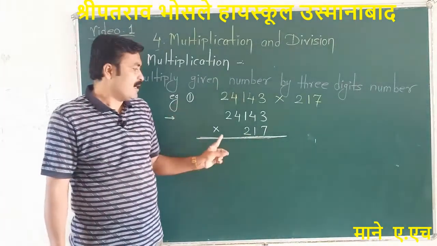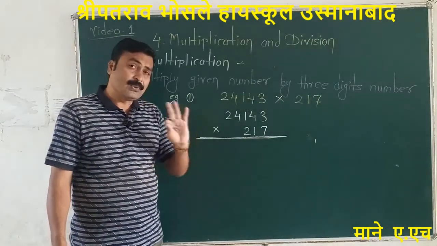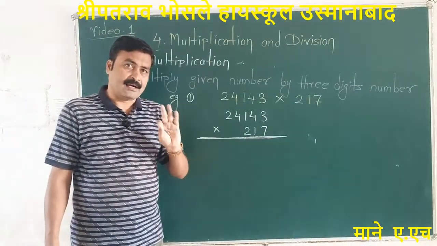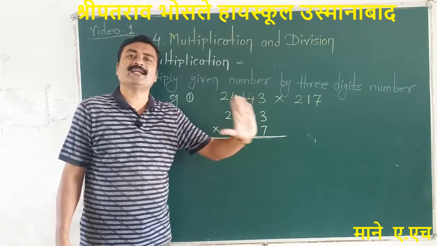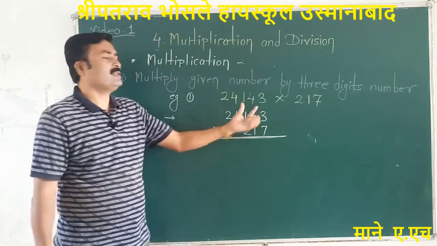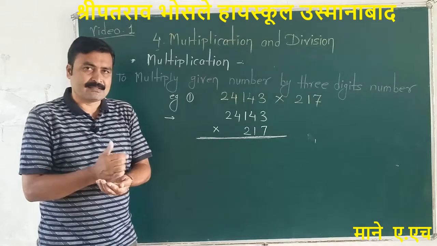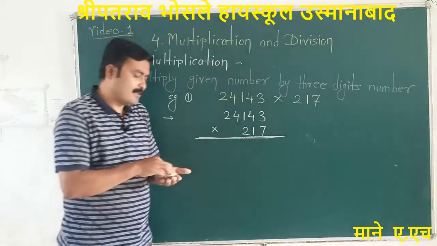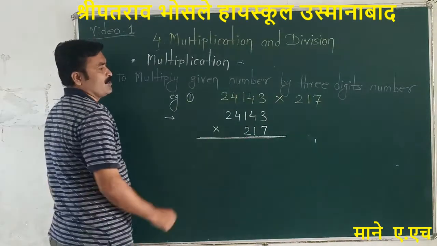That means after this horizontal mark we get 3 products. After getting those 3 products, we have to add them to get the final answer of this multiplication. So keep watching this green board.